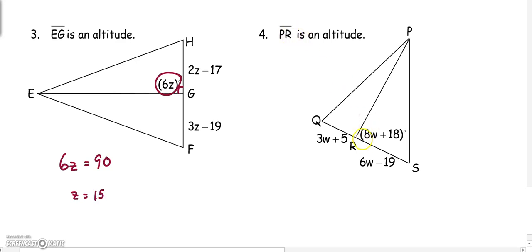In number 4, PR is an altitude. So at R, we have right angles formed. So 8w plus 18 is equal to 90. So we have 8w is equal to 72. When I divide, w is equal to 9. In both of these problems, I don't know anything about my side length, so I'm just going to leave them alone.